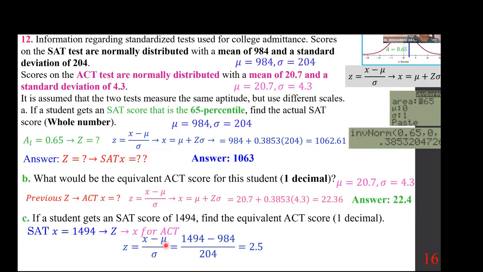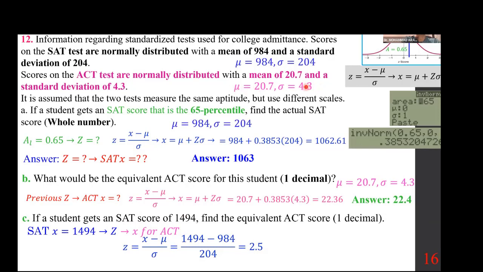Z is X minus mu over sigma. So Z is 2.5. So the SAT score of 1,494 corresponds to a Z score of 2.5. That means we use the same Z score with ACT.